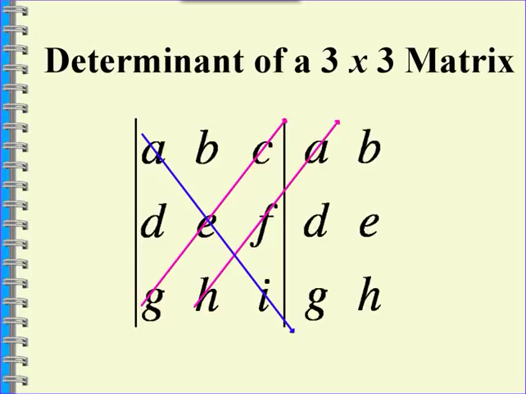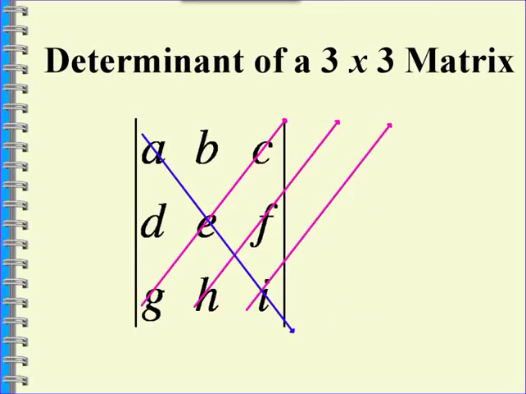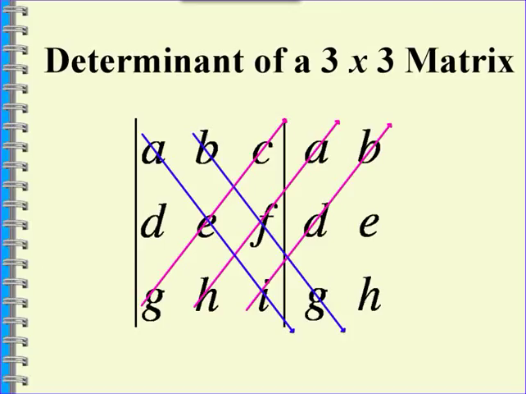Anyway, you're going to multiply along all of the diagonals. I'm sorry. There we go. We finally got it to work. Maybe next time I shouldn't do the animation.